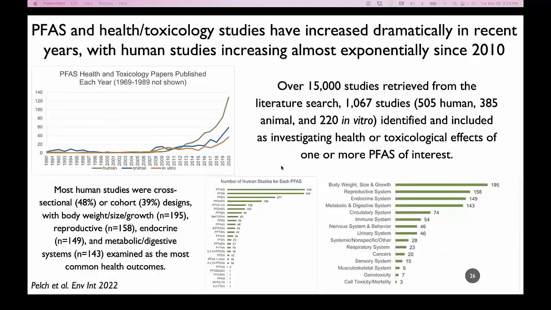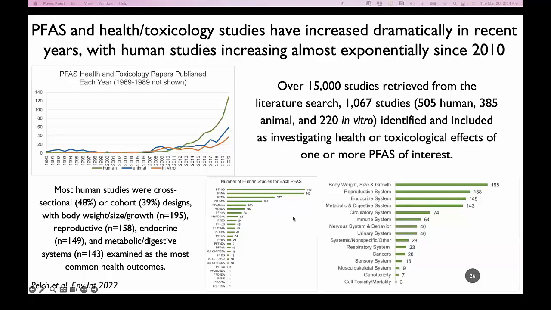So one way is we've been able to use the database to show that the number of studies on PFAS in all three evidence streams has really gone up dramatically over the last 10 years. And you can see in the graph on the top left, that's especially true here for human studies in green. And out of those human studies, you can see here is a graph of the PFAS that are most often included in those studies.